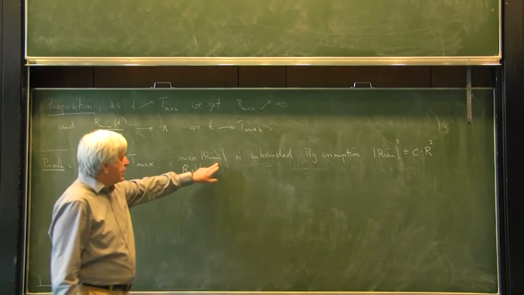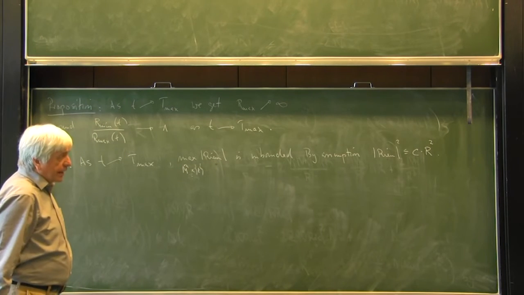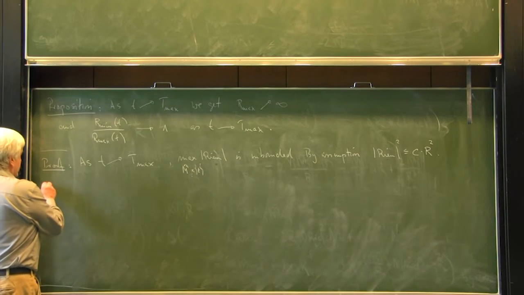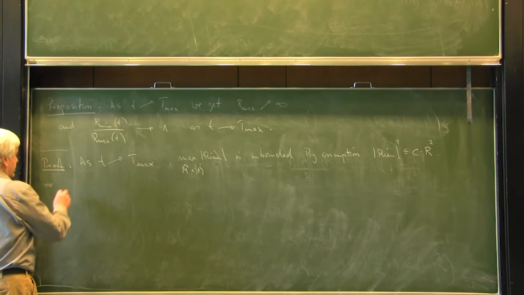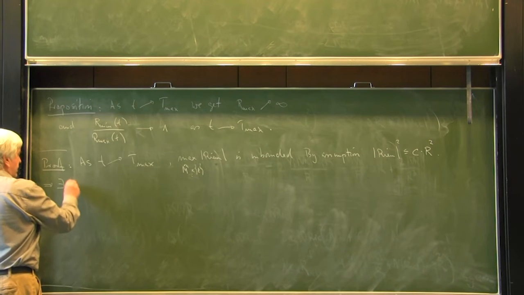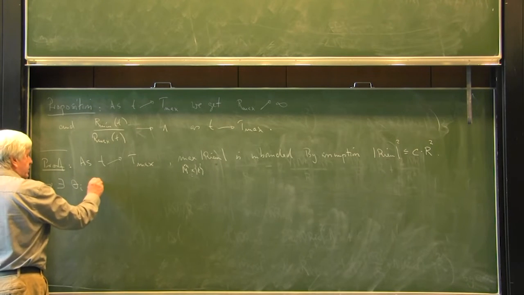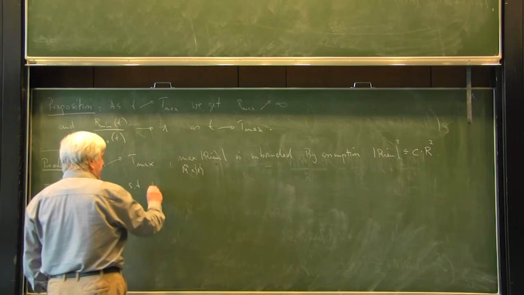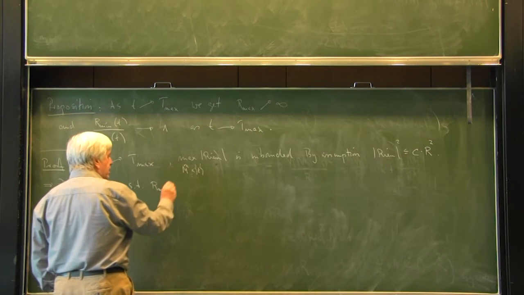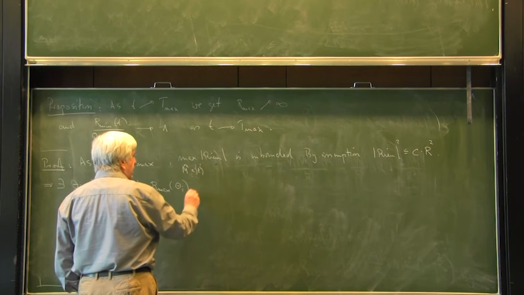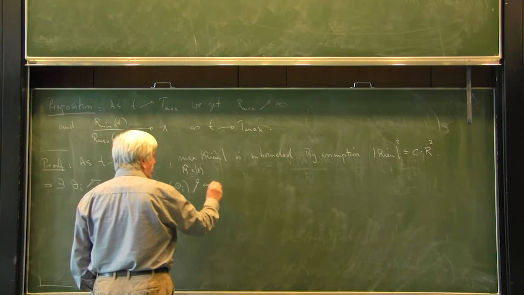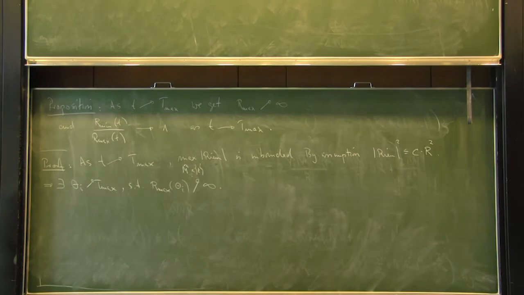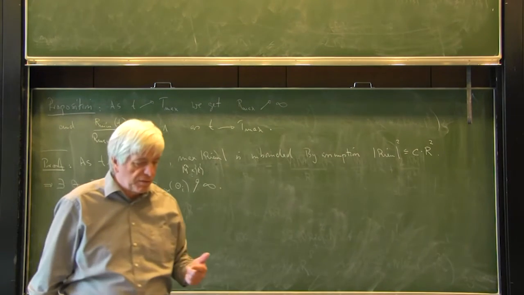So this must mean that the scalar curvature is unbounded. So there exists a sequence theta_i tending to T max such that the maximum of the scalar curvature at time theta_i tends to infinity. So we can make the maximum of the scalar curvature as large as we want.